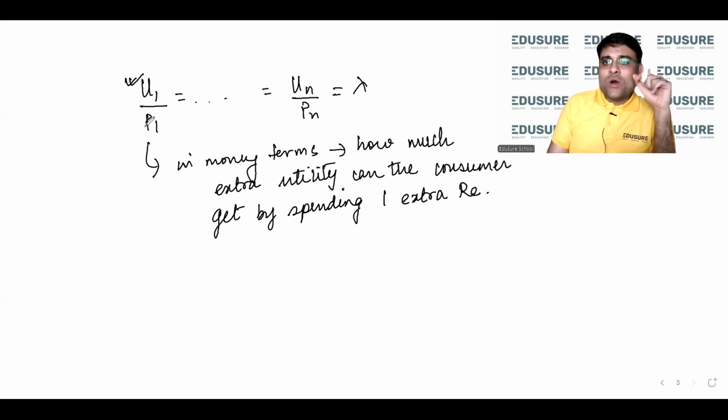So by spending 1 extra rupee, how much extra utility can I get as a consumer? That is what this lambda is giving us.